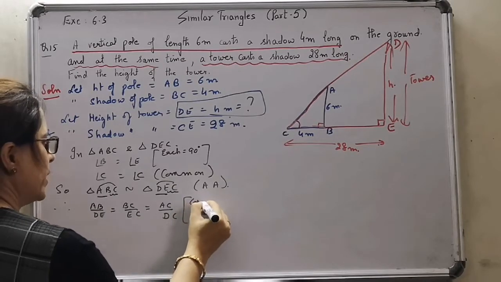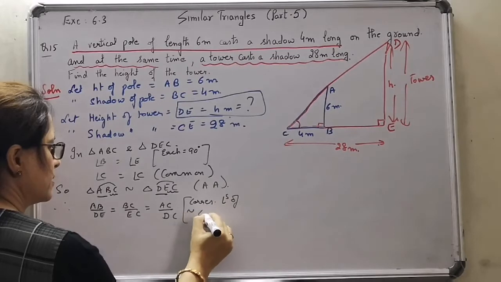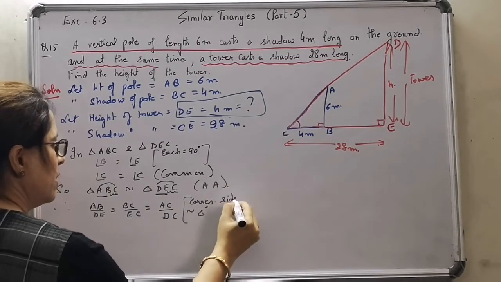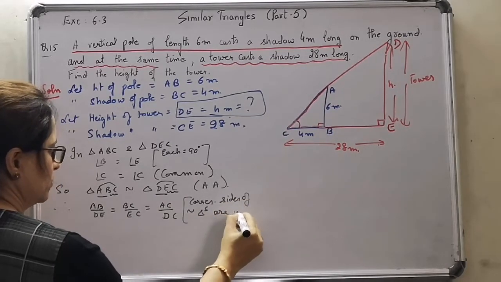Reason: corresponding sides of similar triangles are in proportion.